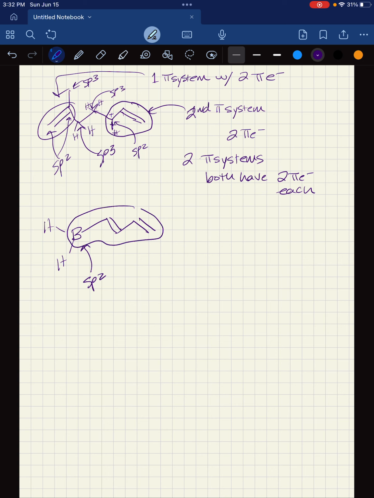So here, this entire thing is one pi system because we have an entire network of sp2 hybridized atoms.